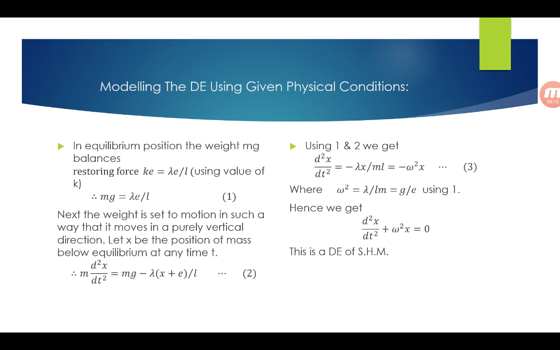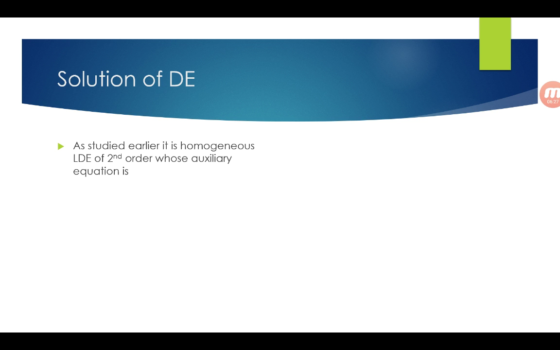Now we already know the procedure to find the solution of this differential equation. As it is a homogeneous linear differential equation, we'll consider its auxiliary equation, which is m square plus omega square equal to 0, whose roots are plus minus omega i.